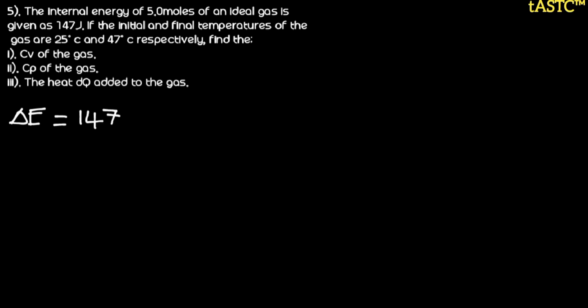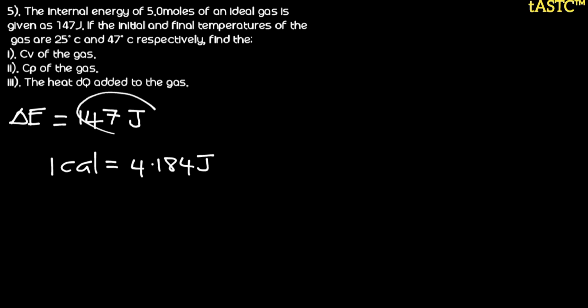This is 147 joules. Now, as usual, we need to change this into calories. So we know 1 calorie is equal to 4.184 joules. So in order to change this into calories, we need to divide it by this.